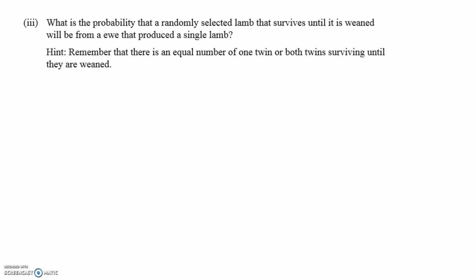So now we have to figure out the probability that a randomly chosen lamb that survives until it's weaned came from a ewe that produced a single lamb. So we can think about doing that with our tree, but we've got one thing that's going to make it go a bit wonky, and that's that down here we've got 0 lambs surviving off that branch.